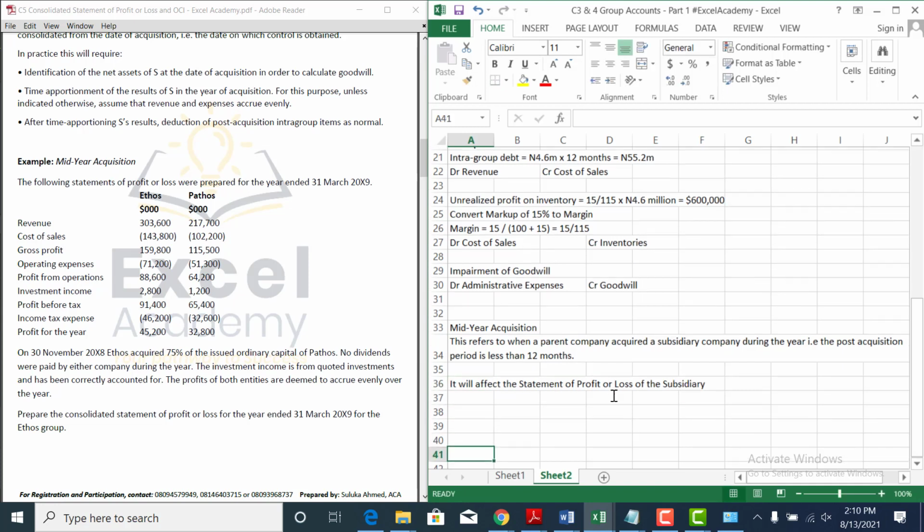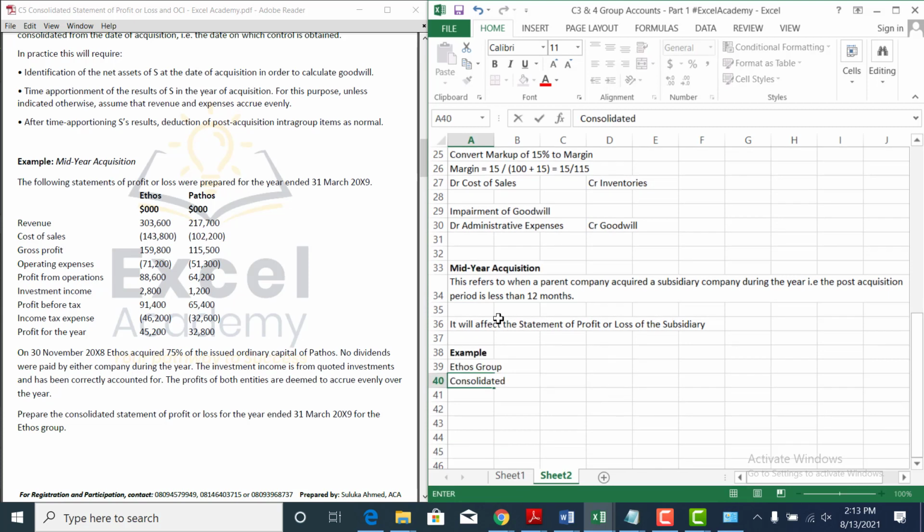And here, let's take a look at this example. The statement of profit or loss for the year ended 31st March 20x9. First thing first, all we are going to do is the workings.